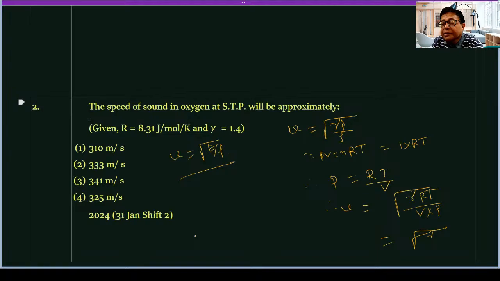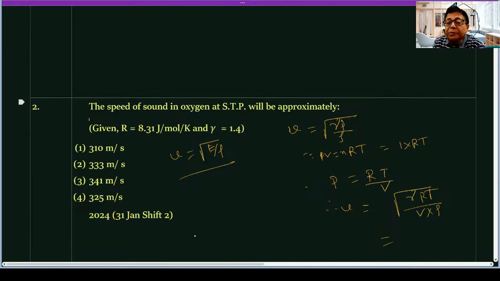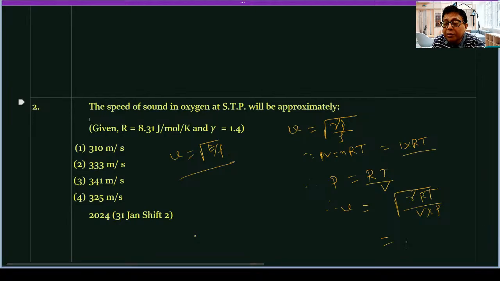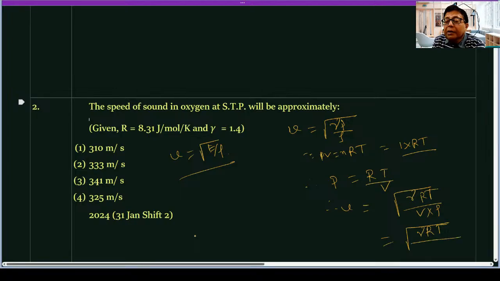You have taken this for 1 mole, no? PV equal to RT means for 1 mole. So this gamma RT remains the same and V into rho will be what? This is mass. Isn't it?